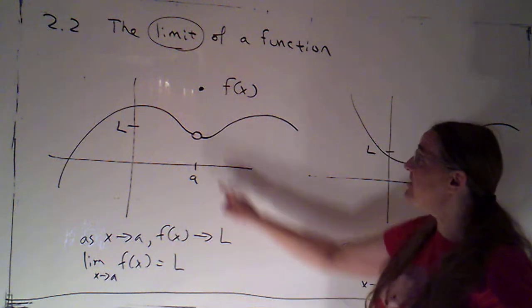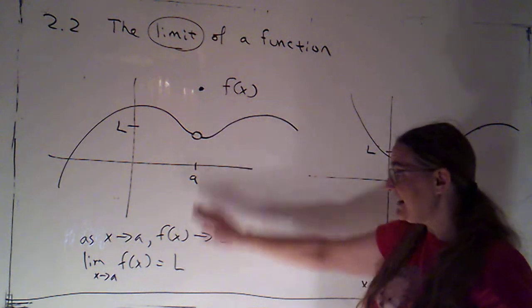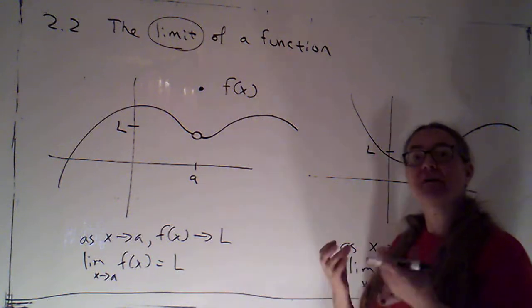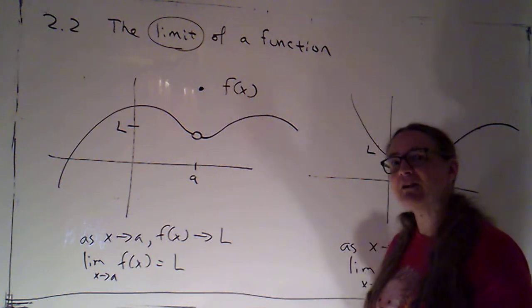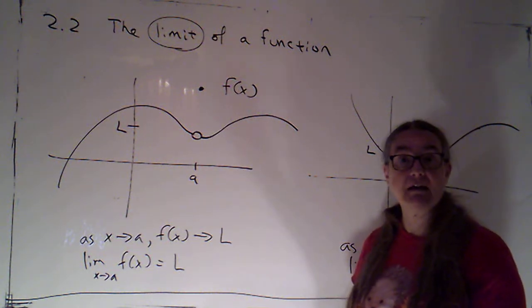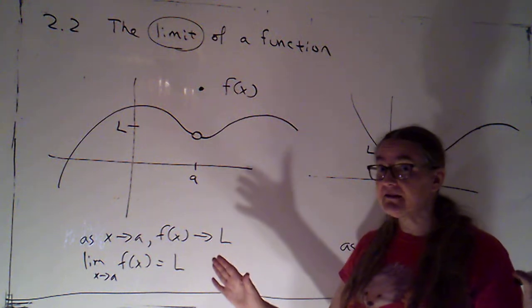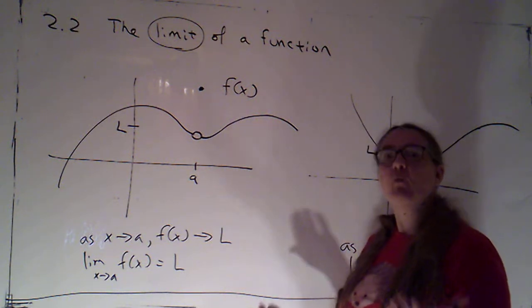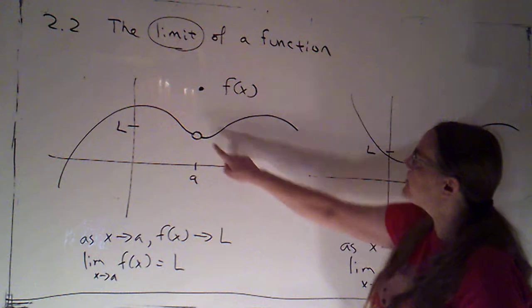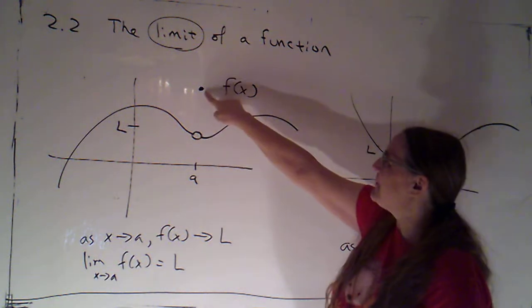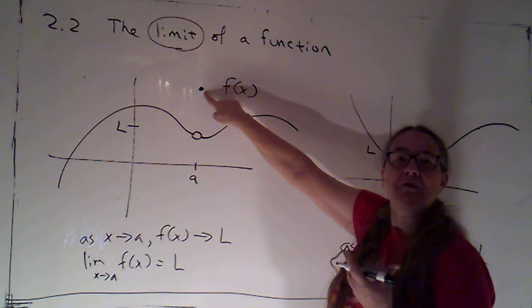It doesn't change the fact that the limit as x approaches A of f of x is L. The limit is the y value that I expect to get based on the nearby behavior, regardless of whether I get anything at all or whether I get what I expect. So the limit would be the y value of the hole. The function value would be the y value of the point.